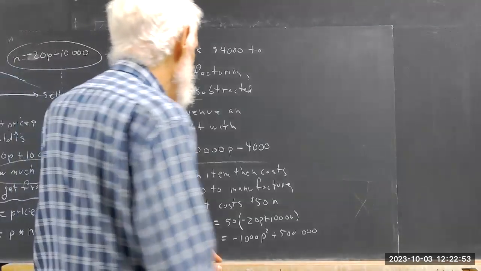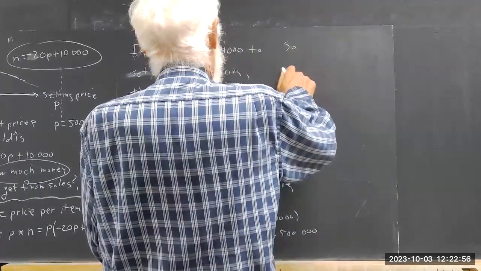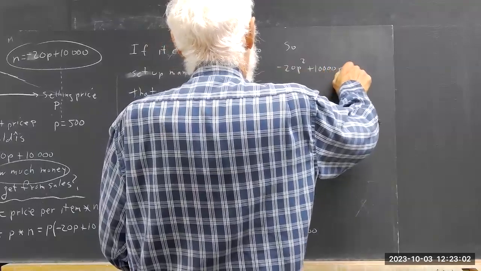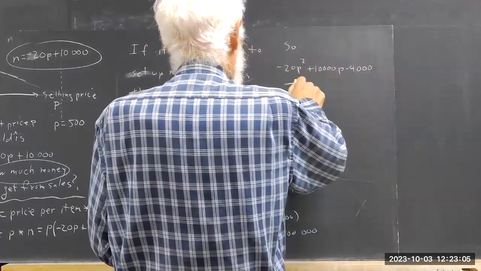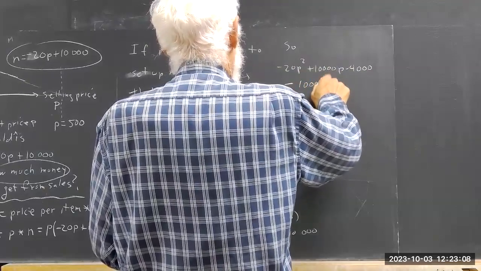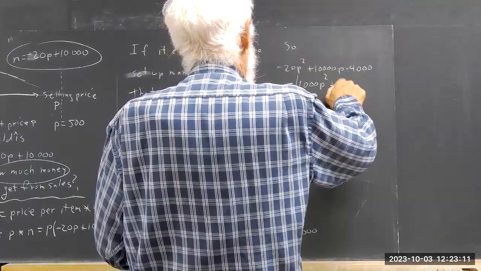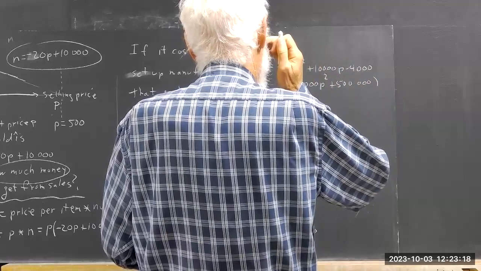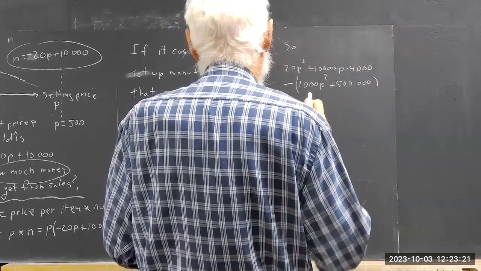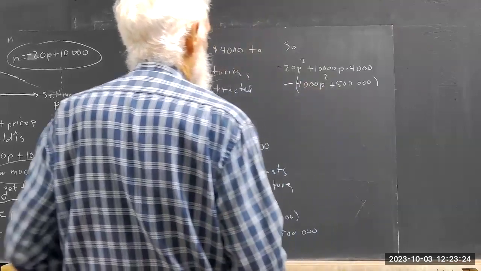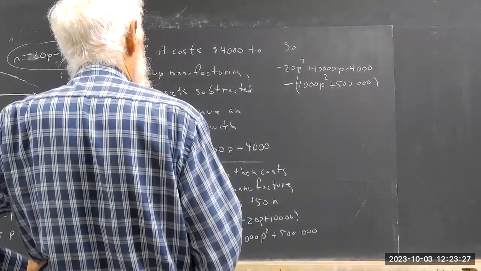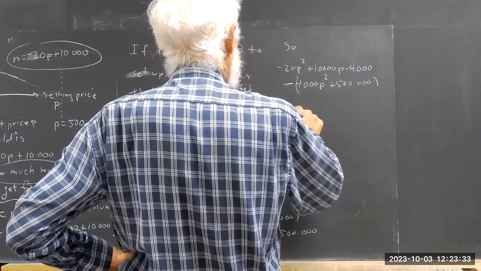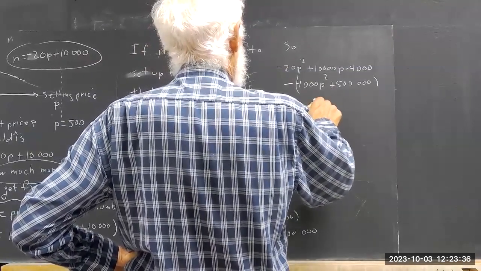So subtract this. I'm going to have to do this too quickly, but this is going to be negative 980p squared.